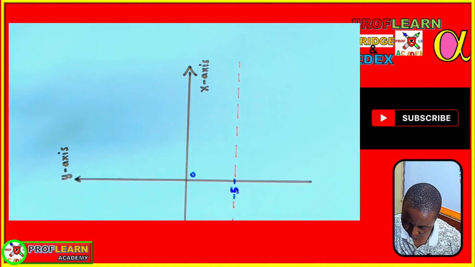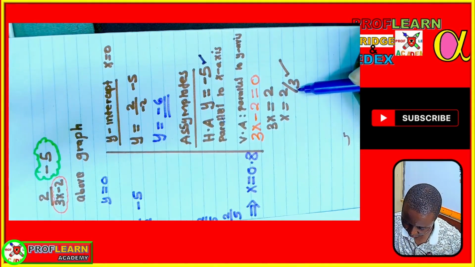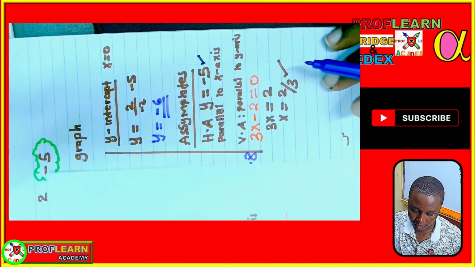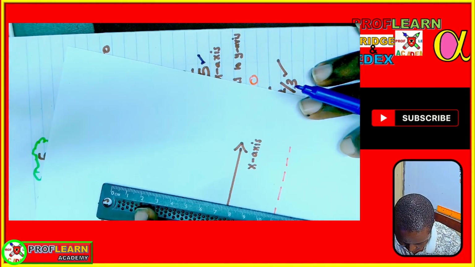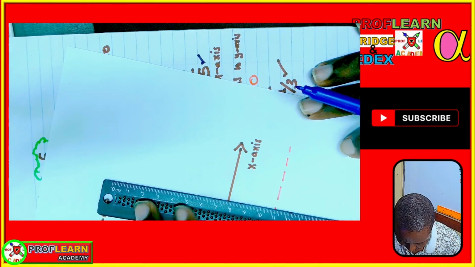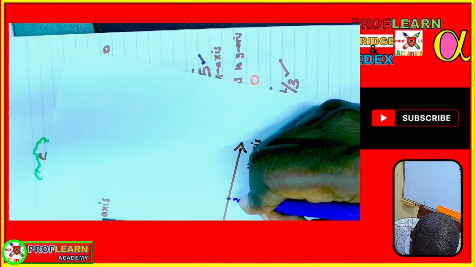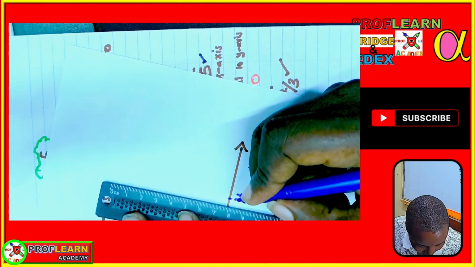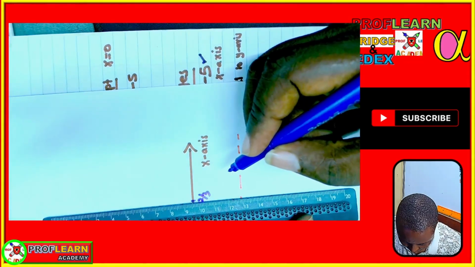We also need the vertical asymptote. We say that our vertical asymptote is 2 over 3, which is around 0.6. Is it positive? Yes, it's positive, so it's going to pass there.